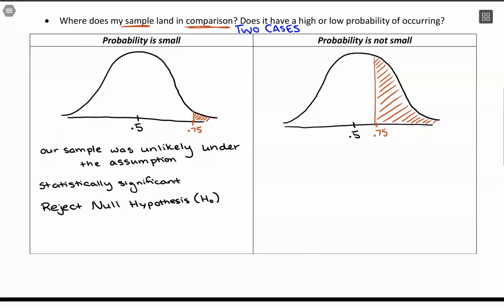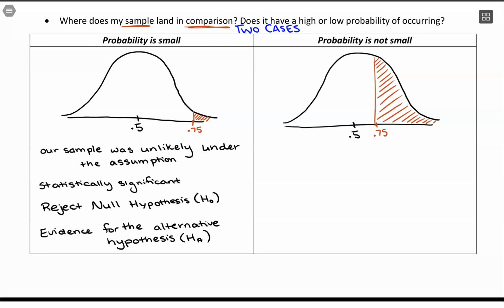So then what we're building here is evidence for the alternative hypothesis, which is exactly what we want. This is the case that we look for when we do these hypothesis tests. We essentially want to find this low probability because then it's giving us evidence for what we're trying to prove.